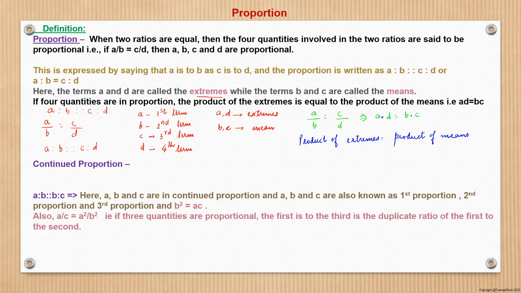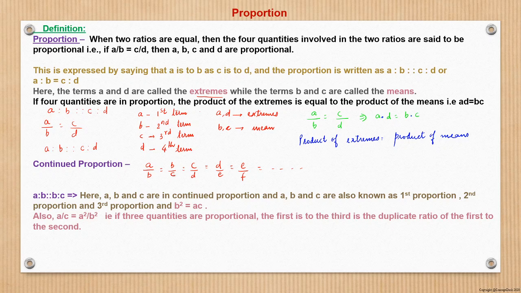Now there is another way. If a number is in this form, A by B is equal to B by C is equal to C by D is equal to D by E is equal to E by F, and so on. So what is the thing here? The denominator of the first ratio is the same as the numerator of the second ratio.